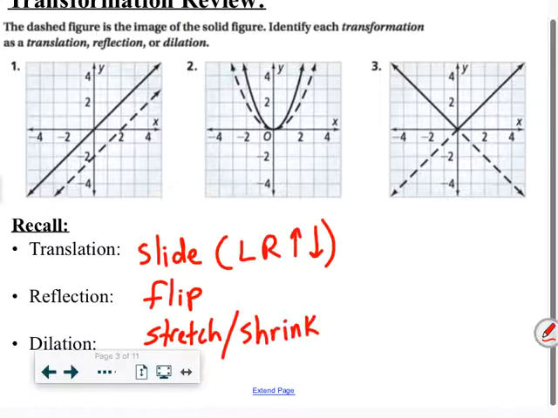So maybe jot that down first so that you are aware of what they are. Then go back above and next to 1, 2, and 3, put which word? Translation, reflection, dilation. And you should have one of each. Hint, hint. Okay?